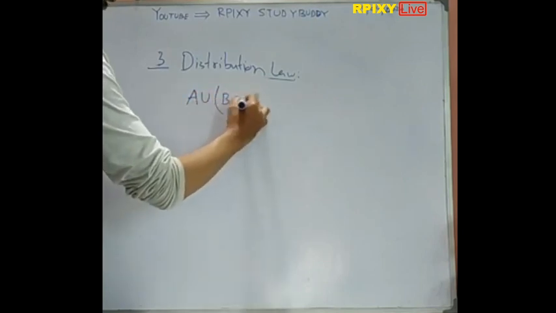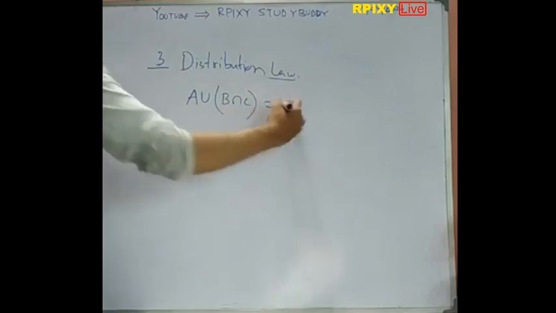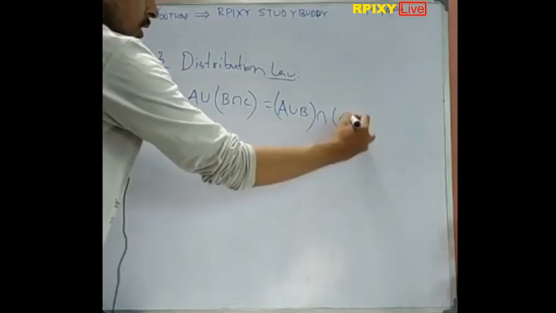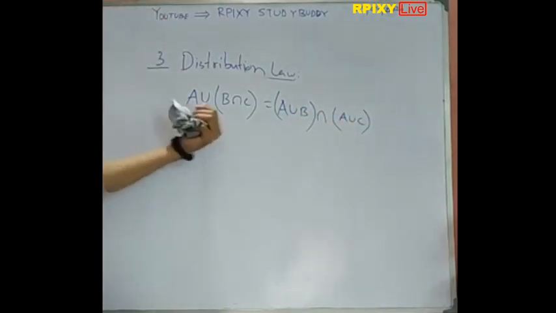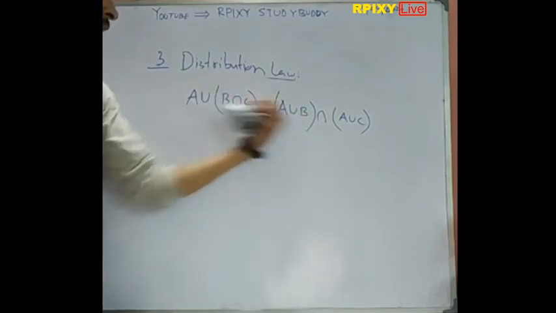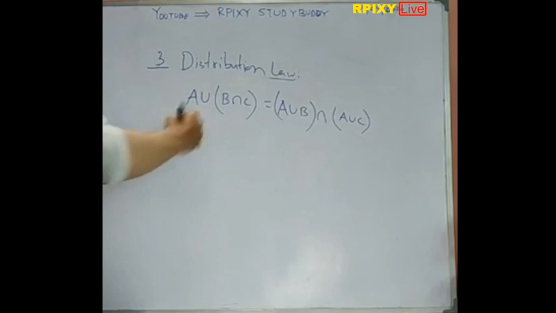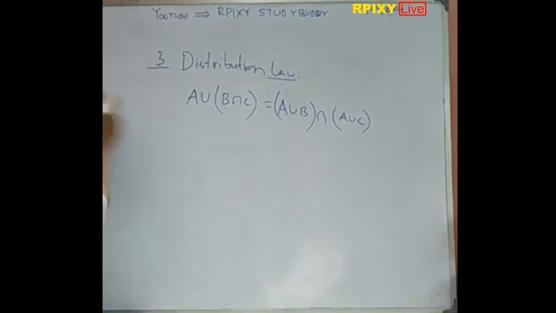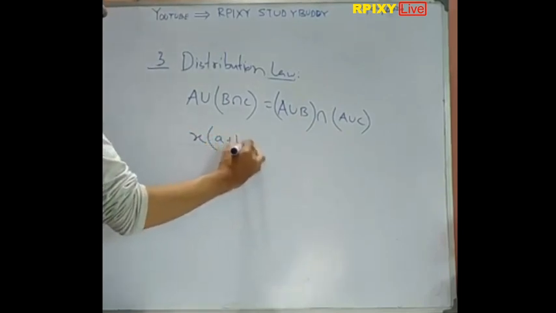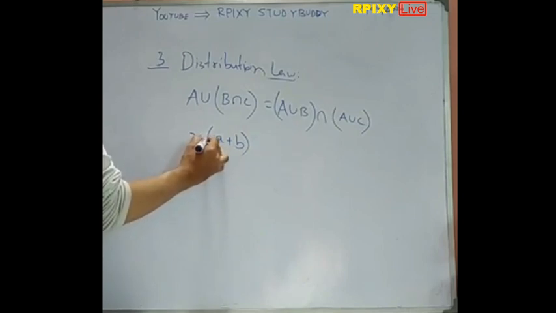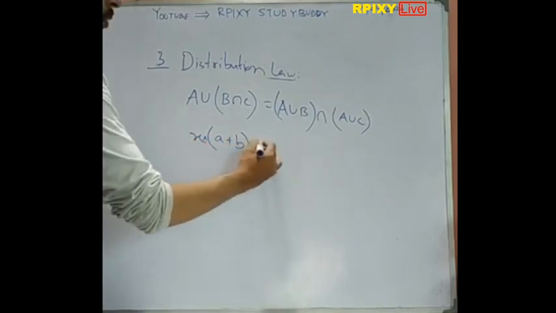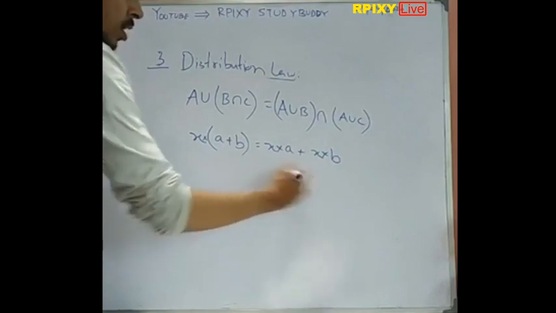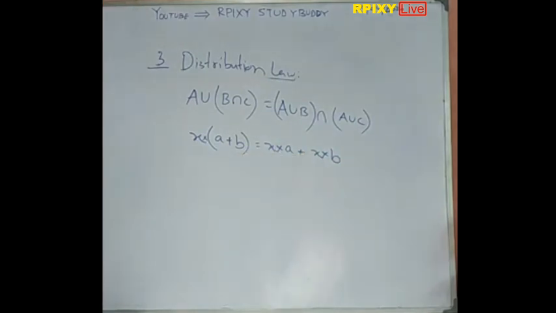A union B intersection C is equal to, distribute it, A union B intersection A union C. That means A union B, then intersection, then A union C. Just like in algebra you can write x times A plus B. Nothing is written between them, that means multiplication. x multiplied by A plus B is x multiplied by A plus x multiplied by B. This is known as distribution law.